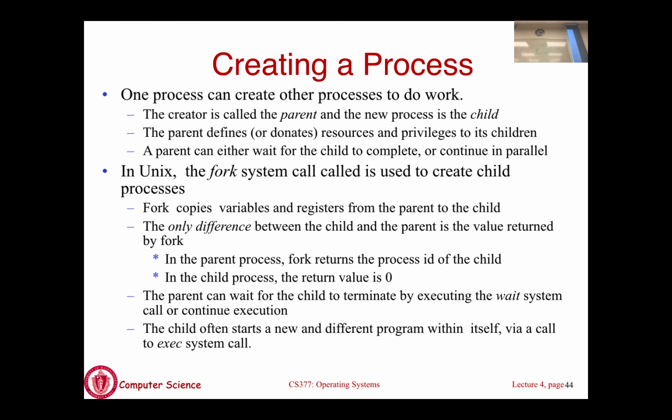You take the memory and copy it, and when you've created it, the parent and the child look identical. Their program counters are pointing in the same place. Everything is exactly the same. Beyond that point, the parent and the child can start executing different things. Remember, it's a copy of that process, but they're not obligated to do the same thing anymore.